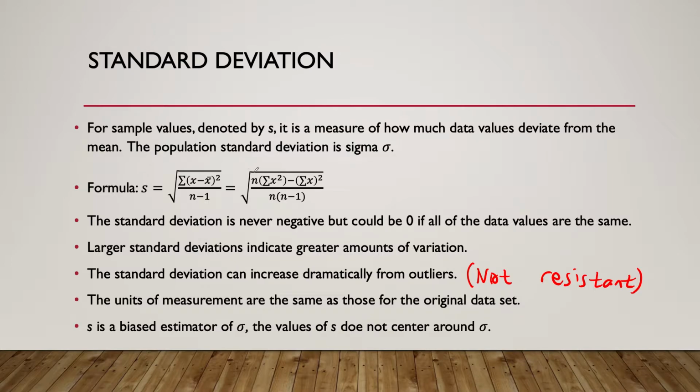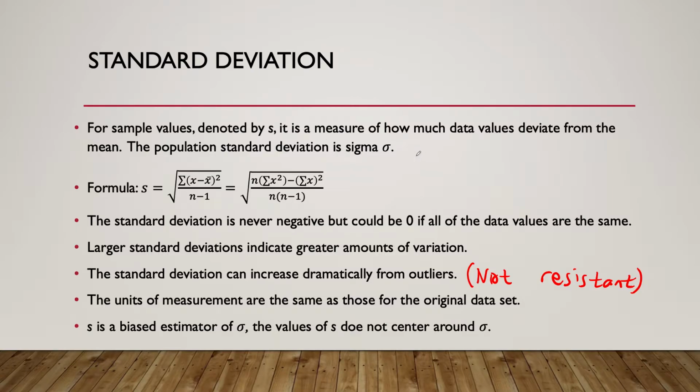Or we could slightly rewrite that as n times the sum of all the values of the variable squared minus the sum of all the values of the variable, squared, divided by n times n minus 1.